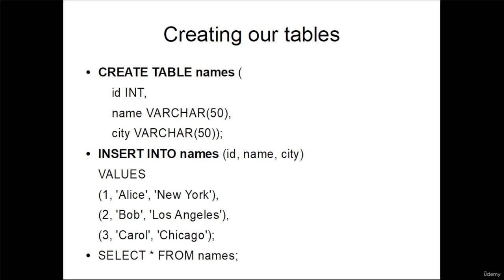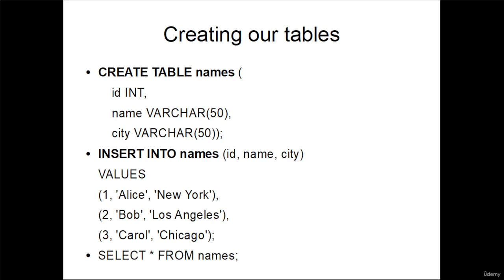The ID column will act as a key to connect this table to another table, like the ages table in the next section, allowing us to link related data, like a person's name and age, using SQL queries. Next, let us add some data to the names table using the insert into command. Insert into names, id, name, city. Values. 1, Alice, New York. 2, Bob, Los Angeles. 3, Carol, Chicago.